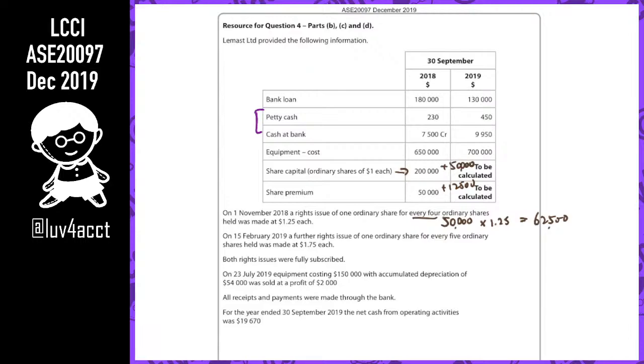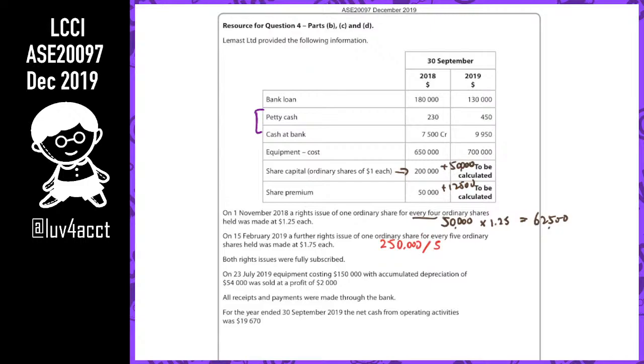Second one, let me change the color. On the 15th of February, a further rights issue of 1 ordinary share for every 5 ordinary shares held was made at 1.75. So that means we continue to issue. Now we have 250,000, divided by 5.